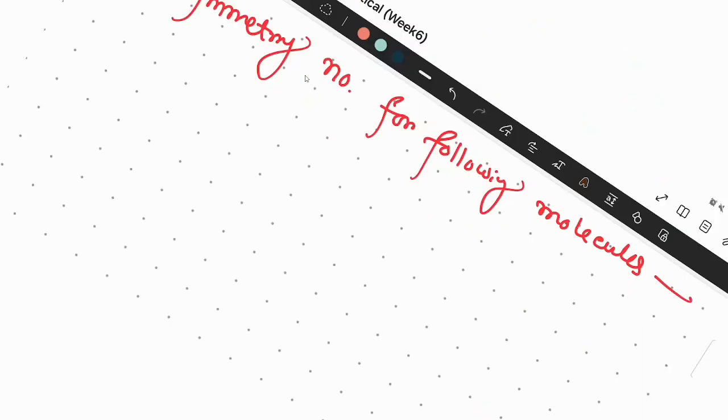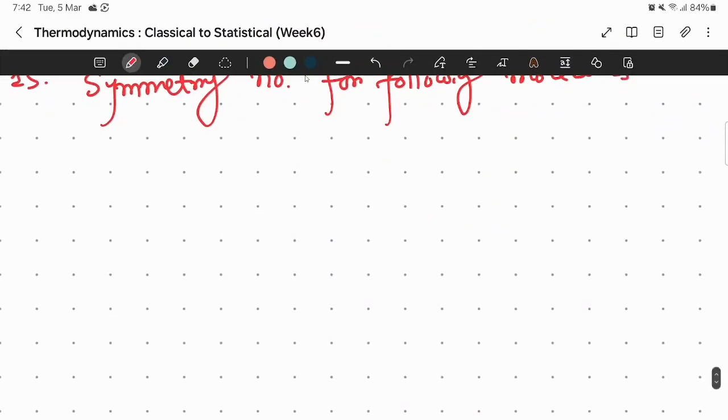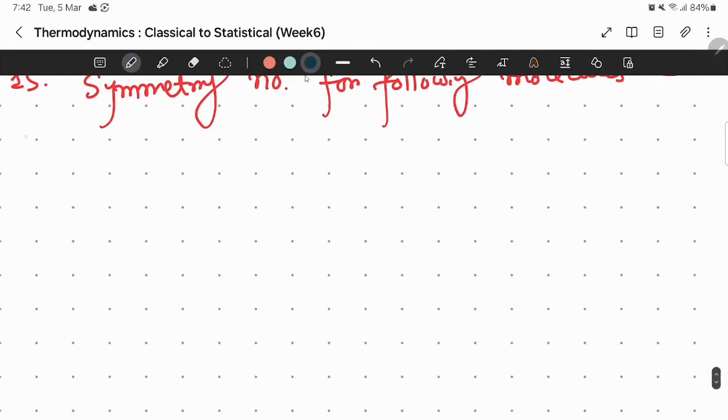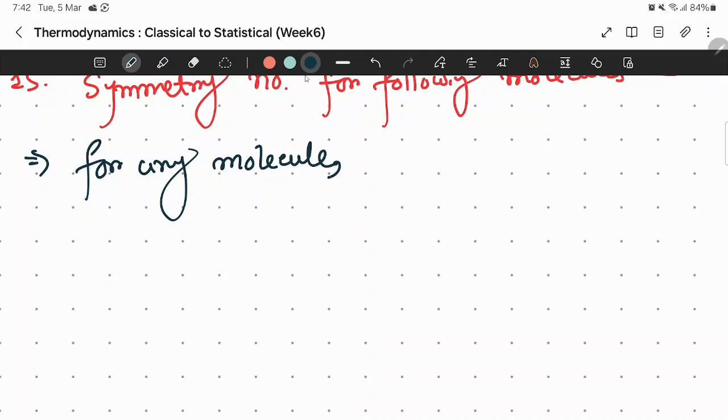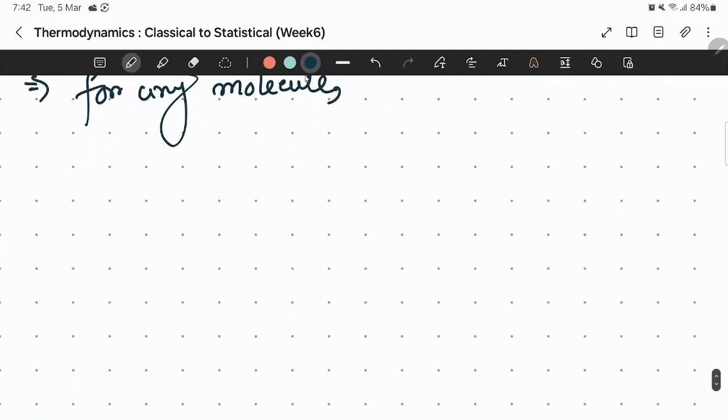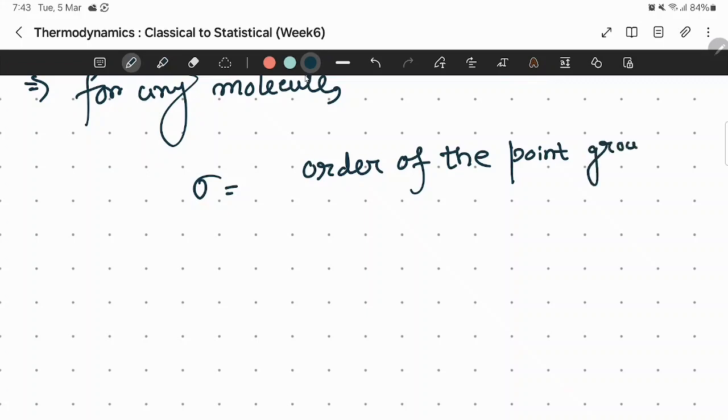For any molecule, the symmetry number sigma, this is a very important formula, will be the order of the point group divided by 2.